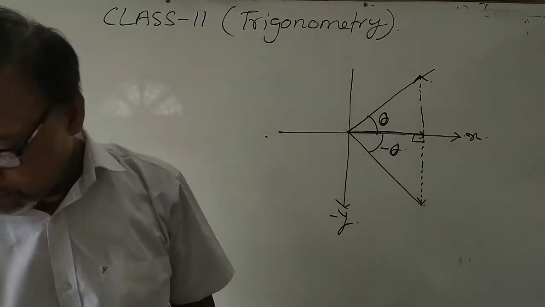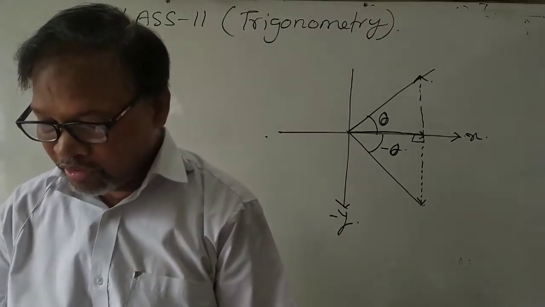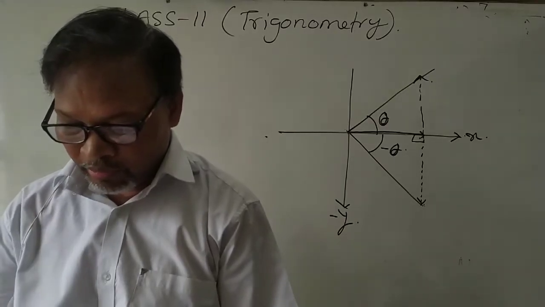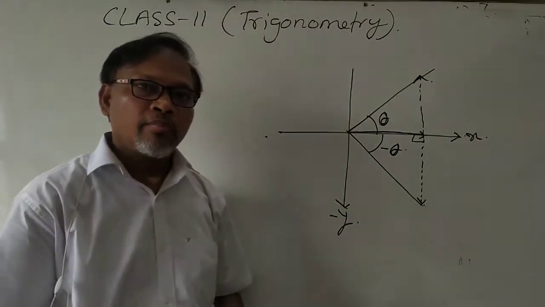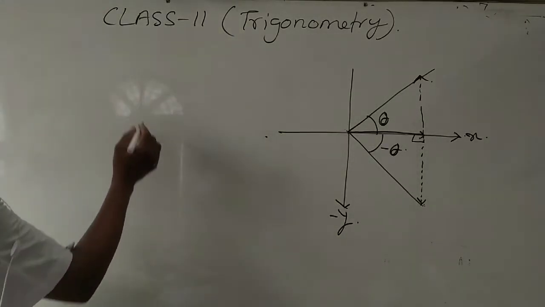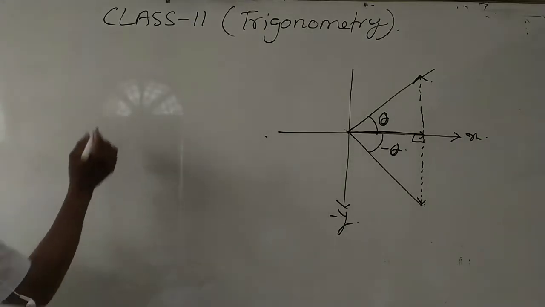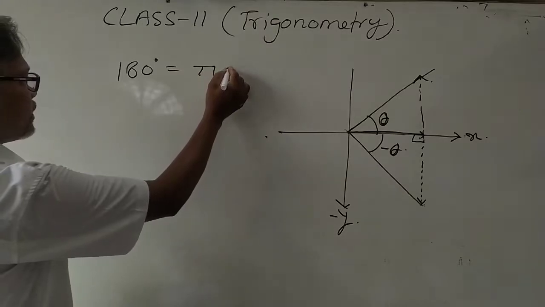Now some more topics about angles, but before that I will tell you the meaning of pi. The value of pi is called radian, pi radian. 180 degree is equal to pi radian.